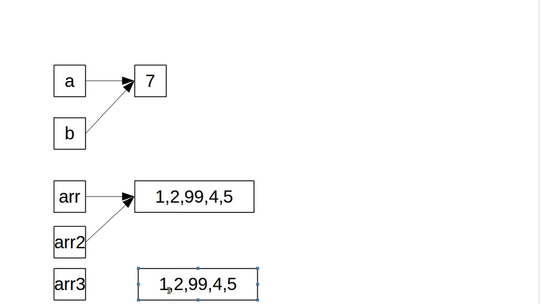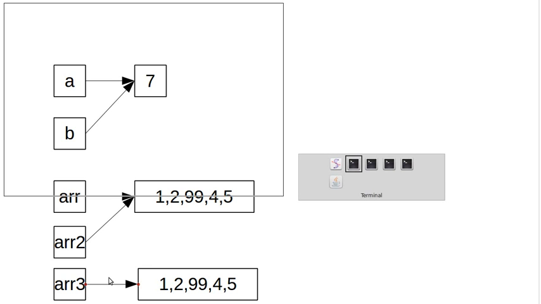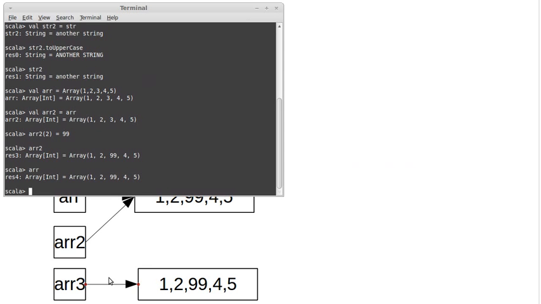Let's draw my arrow here. I want to produce this inside of the code. How can I do that? Well, we already know that saying val ARR3 equals ARR or ARR2, either way, is not going to work. We need to have some operation that's actually going to create a completely new array.